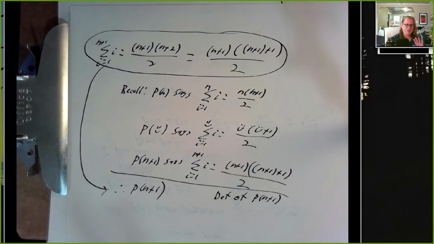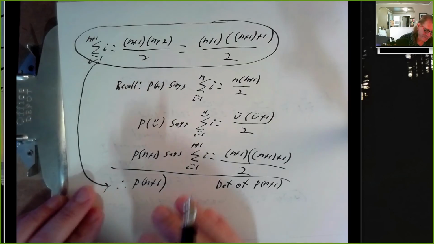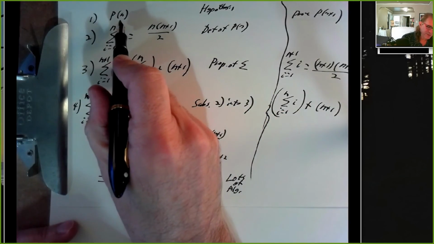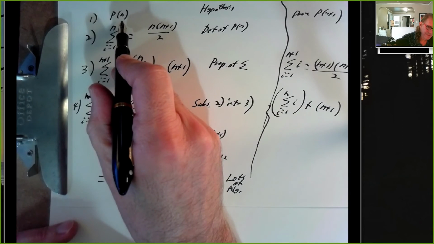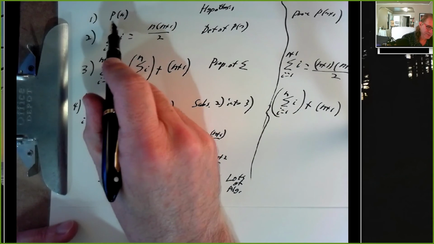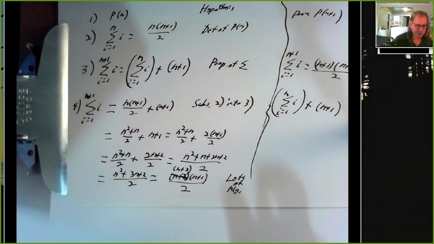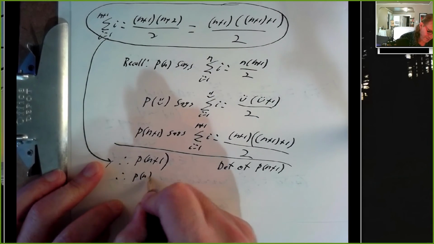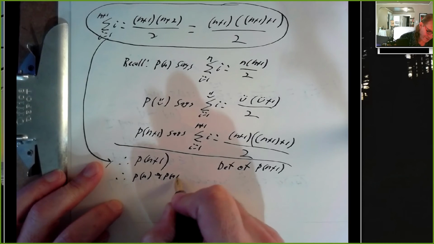All right, we've done the hardest part of the work. We just have to put the bow on it and tie it up nicely, right? So we've proven P of n plus 1, and we did that by assuming P of n. So what does this whole proof show? It shows that if P of n is true, P of n plus 1 is true. Therefore, P of n implies P of n plus 1.